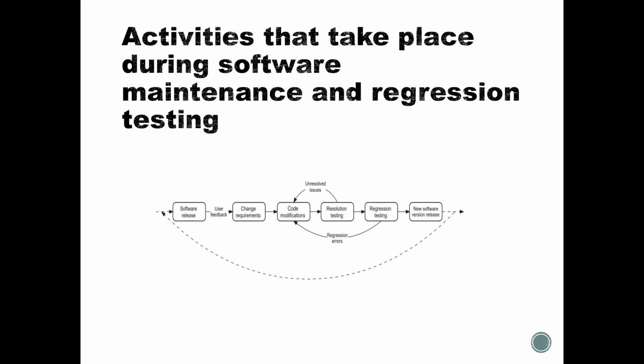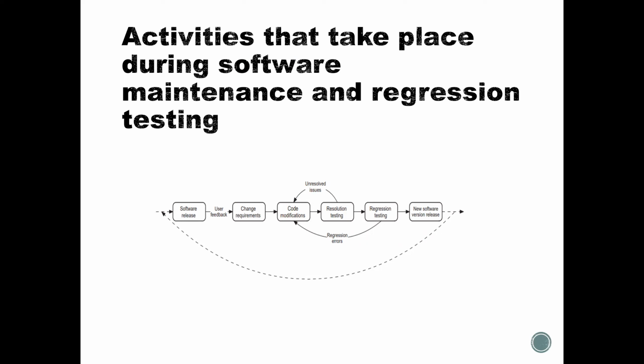So this figure shows that after a software is released, a failure report or maybe some change request can come from the user, which is user feedback, and based on which the software is going to be modified to make those changes.